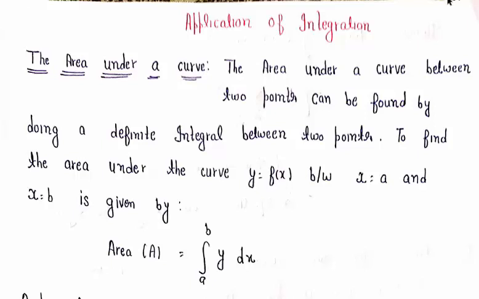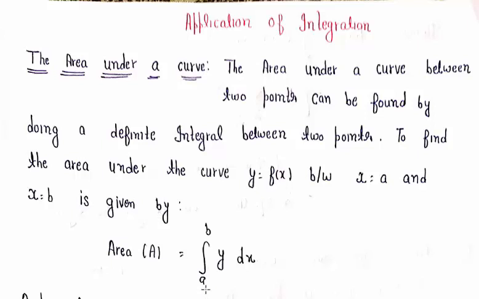First we discuss the formula to find the area under the curve. The area under the curve between two points can be found by doing a definite integral between the two points. To find the area under the curve, let us suppose our curve is y equals f(x) between the points x equals a and x equals b.